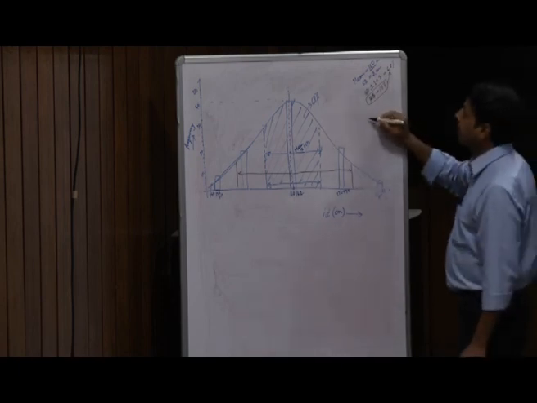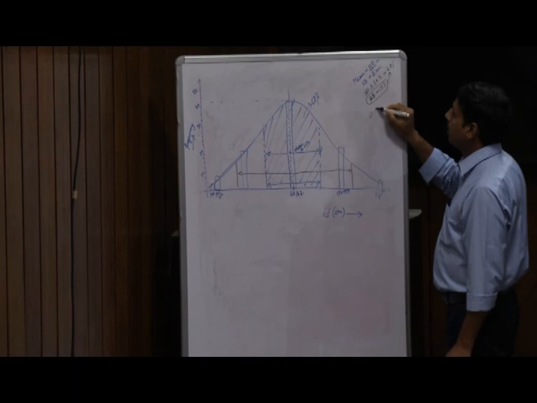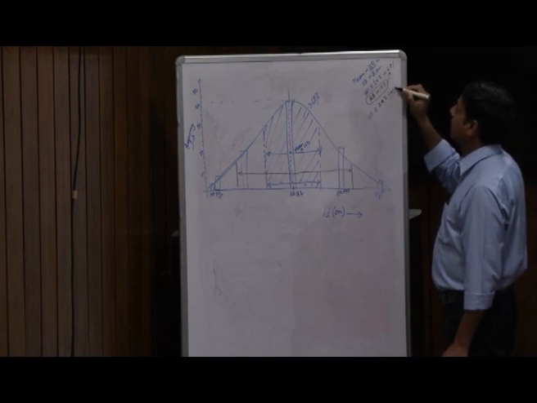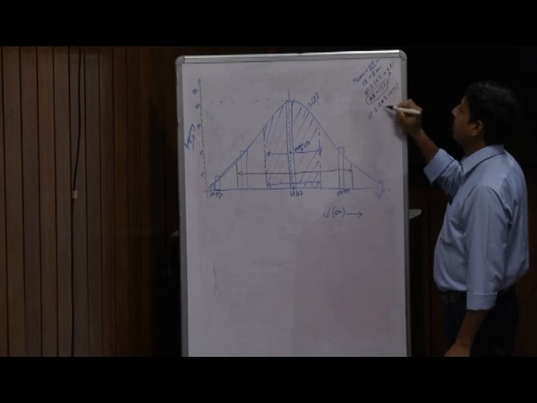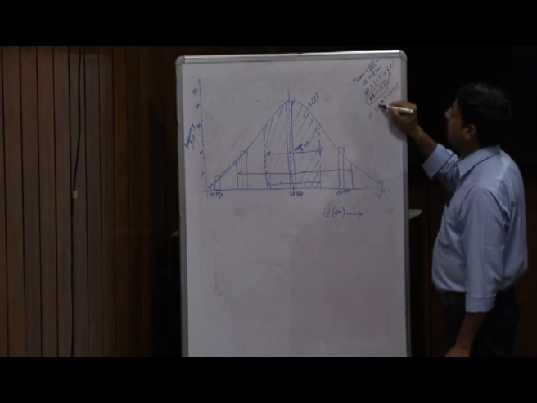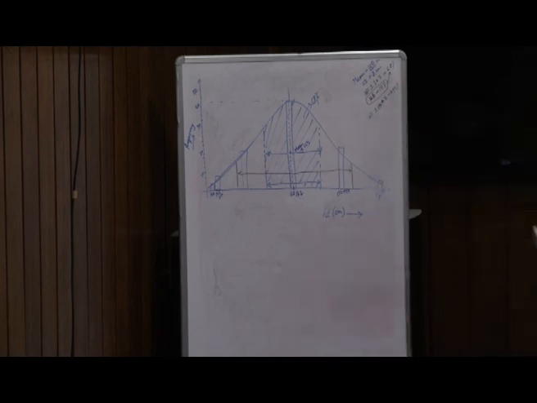Similarly, from the mean value 160 centimeter, if we go 2 into SD value 3, it is actually covering 95% of the population. 2 means actual value is 1.96. Anyway, I am putting 1.96. So mean plus or minus 1.96 SD, SD value is 3 here.